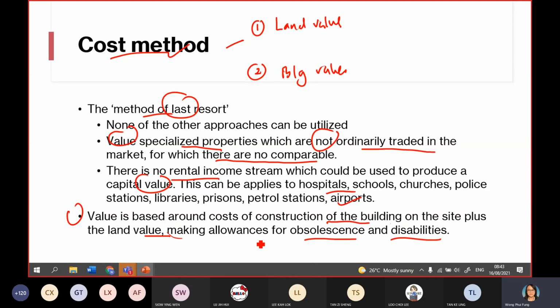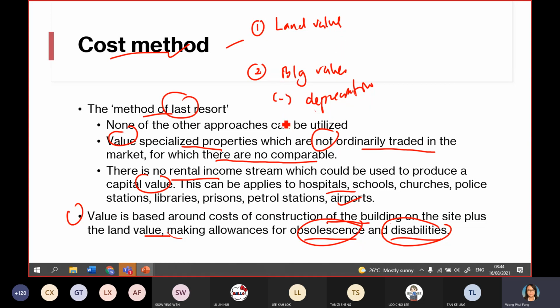making allowances for obsolescence and disability, which means that between these two, for the building you need to minus depreciation. Land no need, because only the building will depreciate. Building value will depreciate, but your land value will not depreciate.